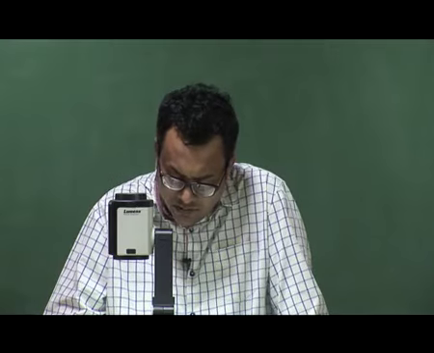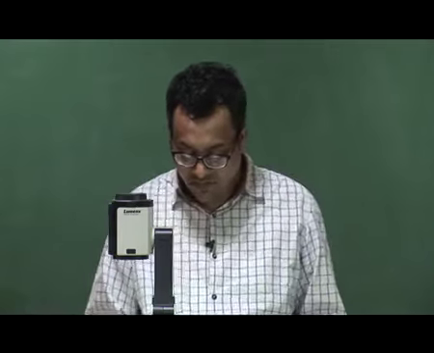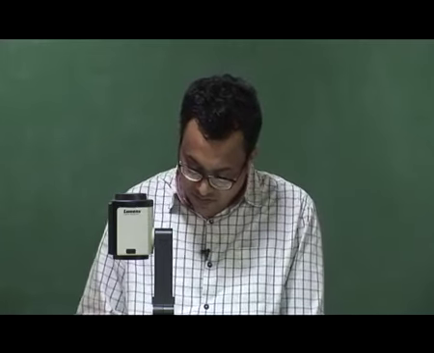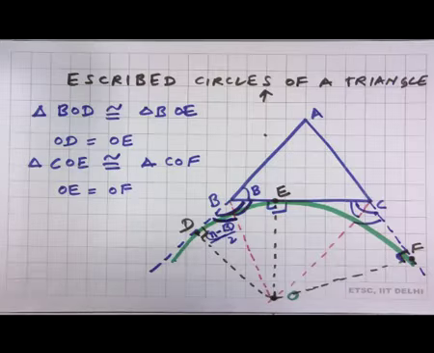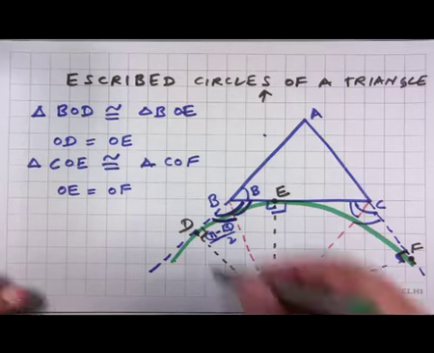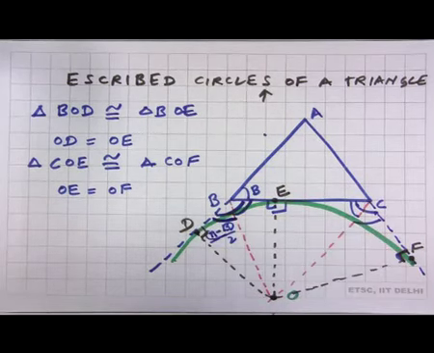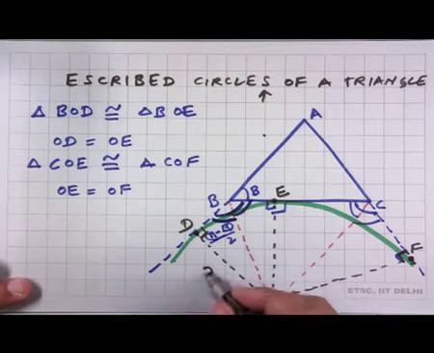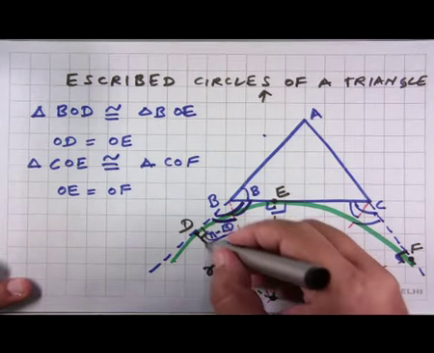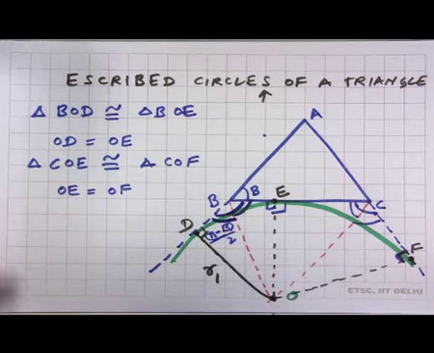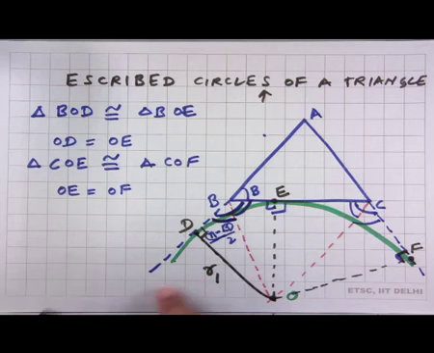Our next objective is to find an expression for this radius, which we denote by R1. So, we would like to find an expression for the length of this radius R1 of the escribed circle opposite to angle A.